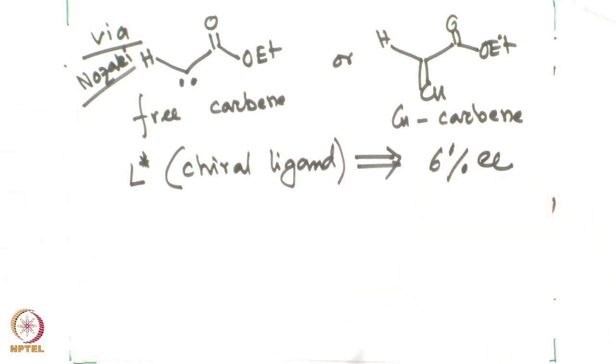So, this is the reaction that then proposed that since in the presence of a chiral catalyst one can achieve some sort of EE, although very modest at best, it is still suggesting that a metal carbene is involved. It is not the free carbene that is doing the chemistry. Indeed, the metal carbene is the intermediate involved in the cyclopropanation reaction.